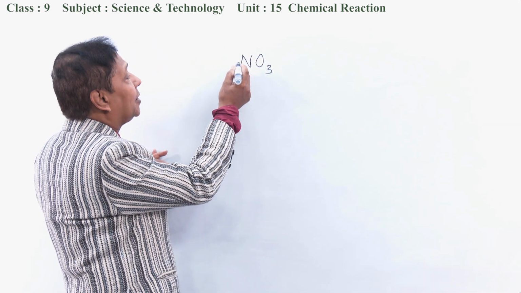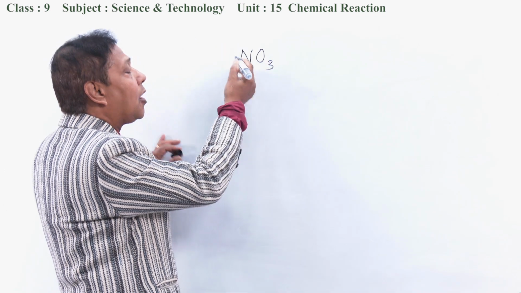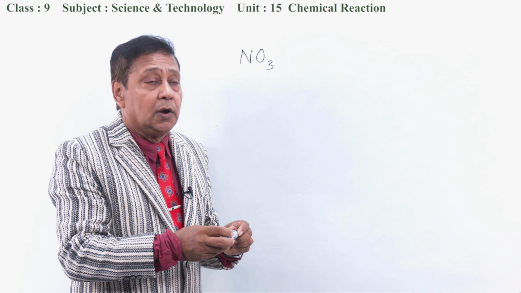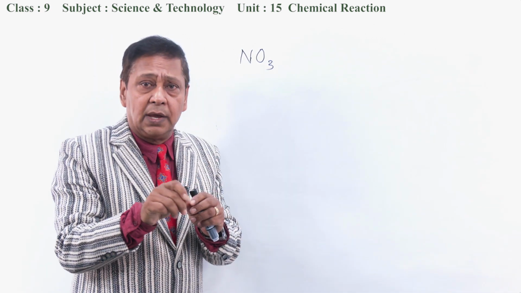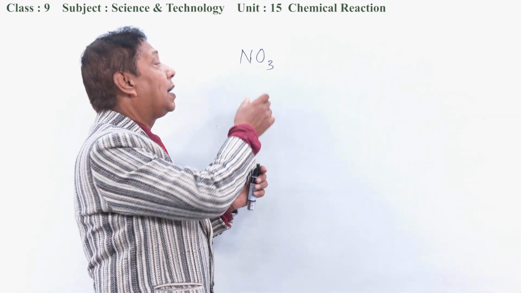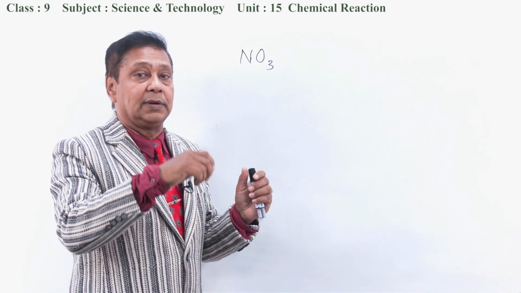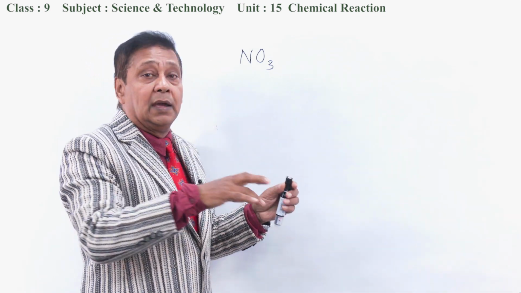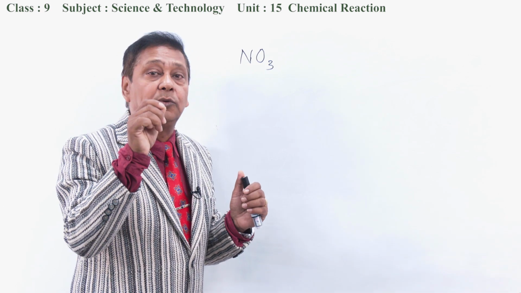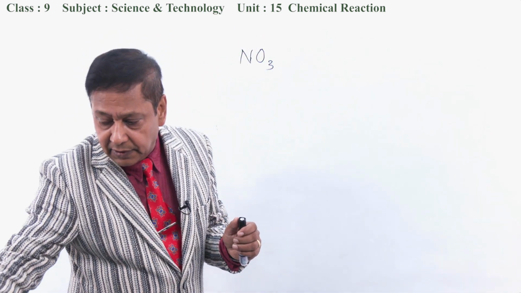But the valency of nitrogen is 3 and oxygen is 2; nitrate is a group of atoms which behaves as a single unit in the chemical reaction. Wherever it goes, it acts as a single unit, and that's why it is called a radical. It has no free existence. It is found in a compound when it is combined with an element or another radical. This is one example of a radical.